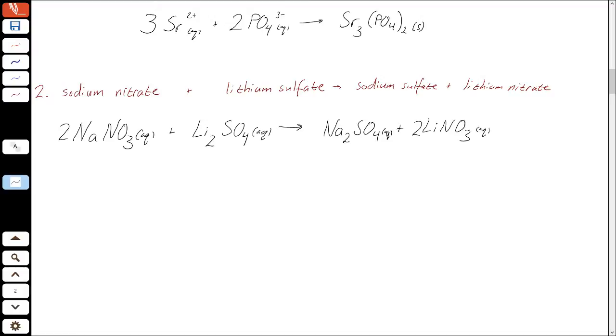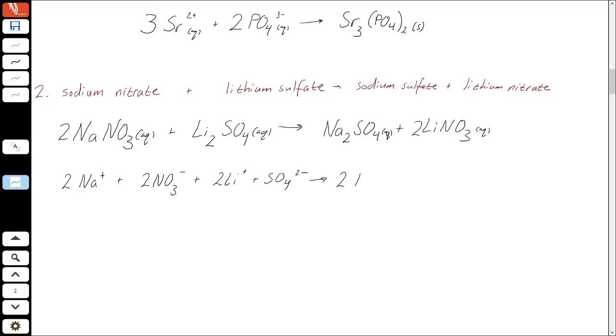So if we look at the full complete reaction here, we've got all these ions split up on the left side. But then on the right side, since those are also aqueous ionic compounds, those ions should also be split up.